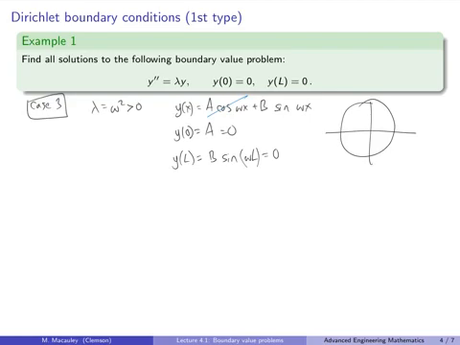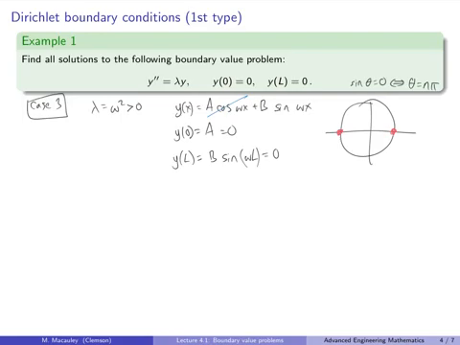Sine of theta equals 0 if and only if, well, it happens there and it happens there. So these are integer multiples of pi radians. This is 0 pi, 1 pi, 2 pi, 3 pi, etc. So sine of theta equals 0 if theta is n times pi radians.